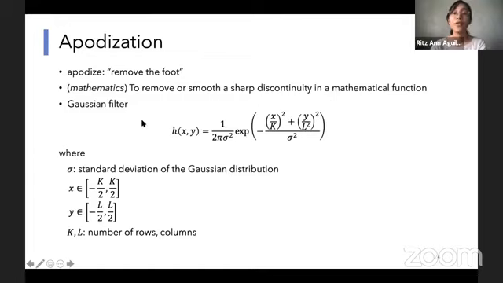So here we use a Gaussian filter. We multiply it to the noisy spectrum. It has this form here. It's a 2D Gaussian function, where sigma is the standard deviation of the Gaussian distribution, and you can play with this value before multiplying it with the 2D Fourier spectrum collected by the single pixel detectors.